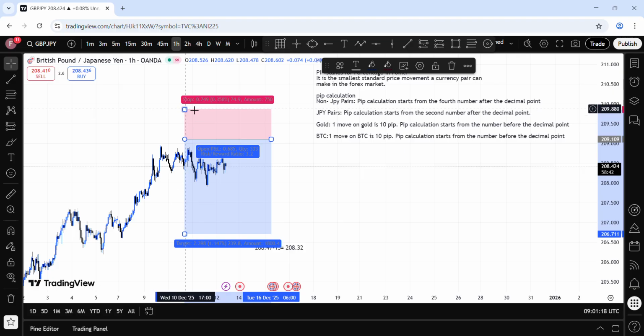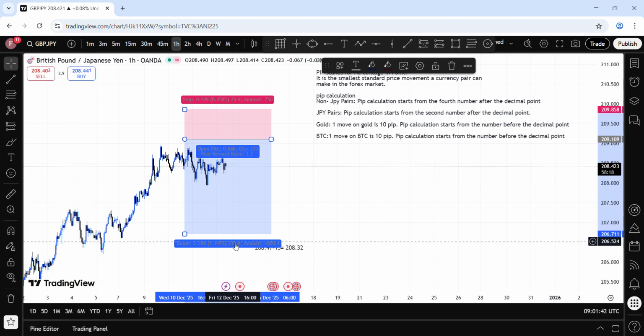So guys, if the market is in our favor, it is already showing us here that the market will move 239 pips from our entry price. This line, if you trace it out, you'll see the price is 209.109 to here, 206.711.